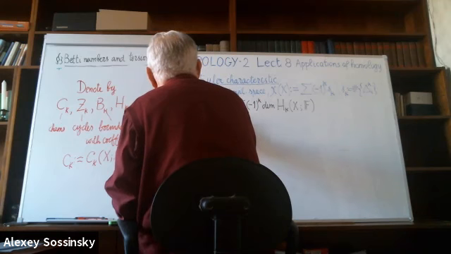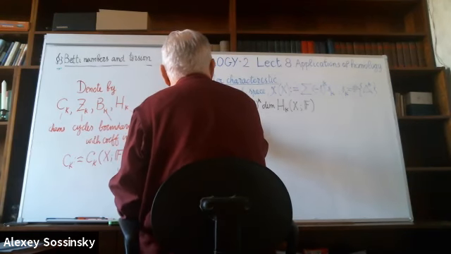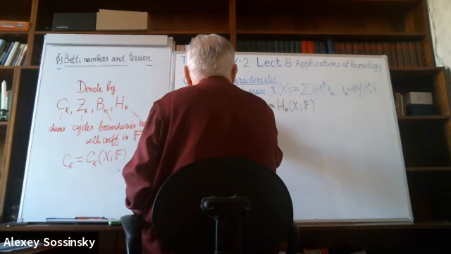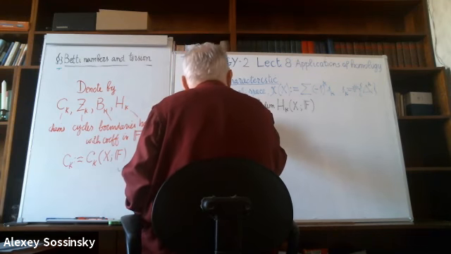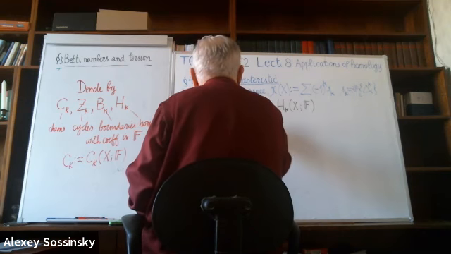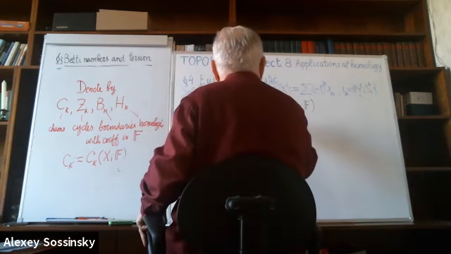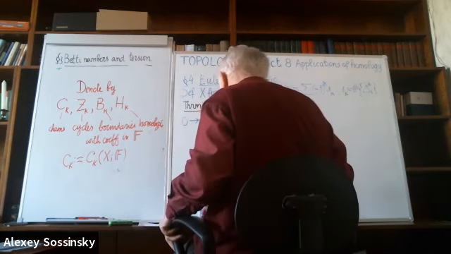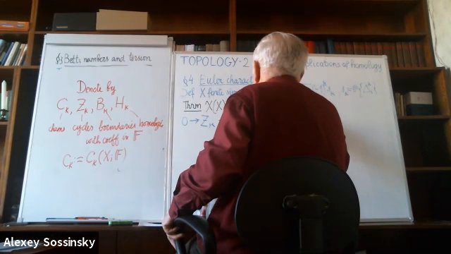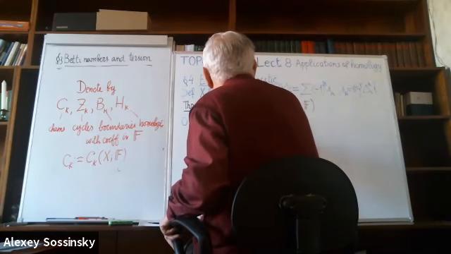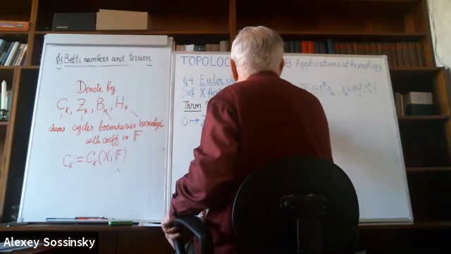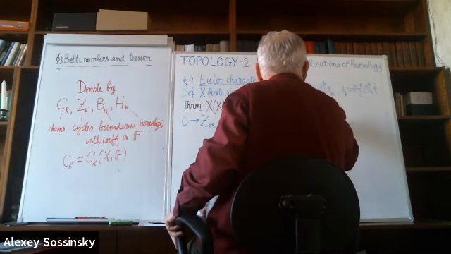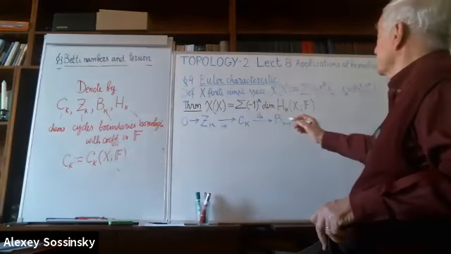If we start from 0, go to Z_k, then go to C_k, then go to B_{k-1}, we obtain a short exact sequence.